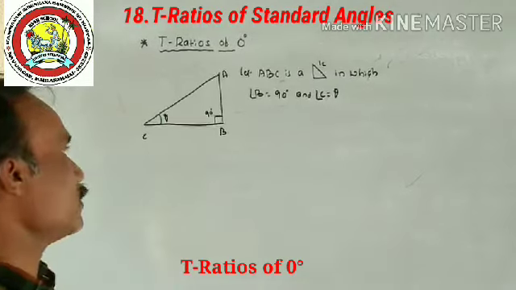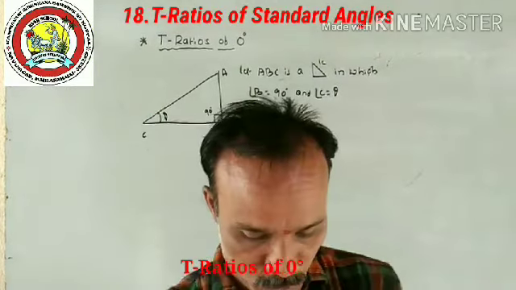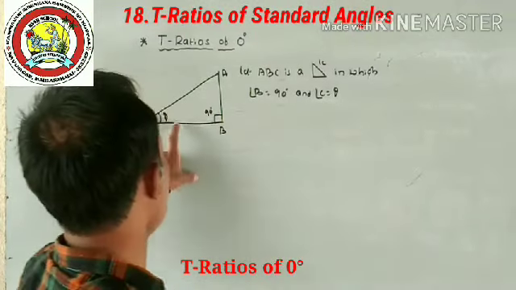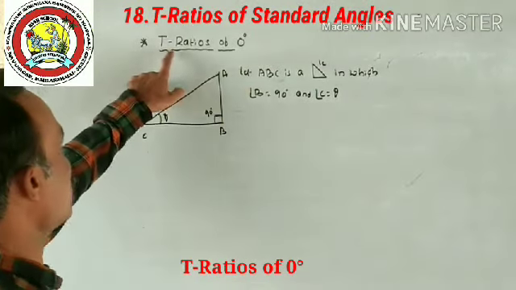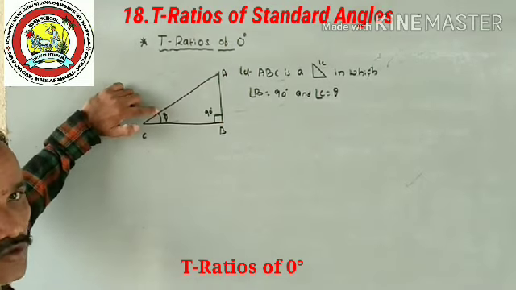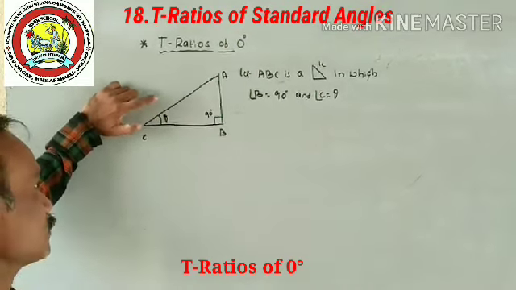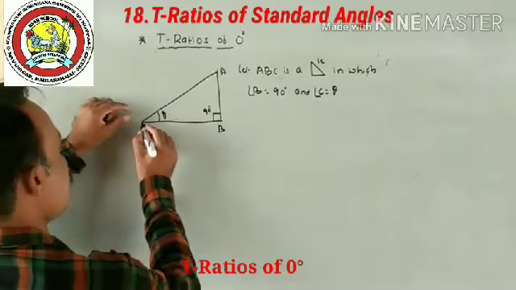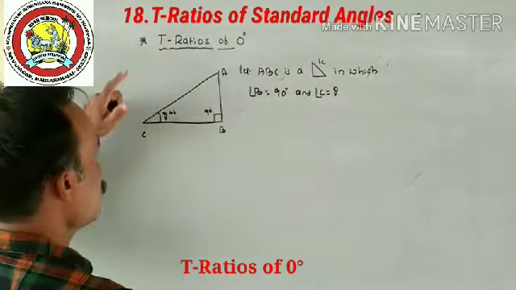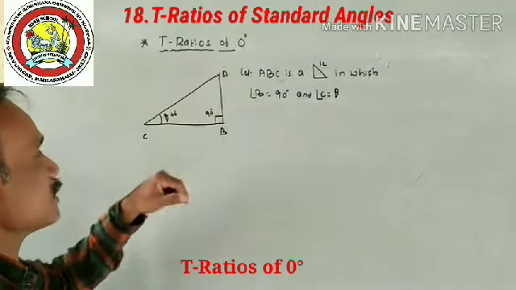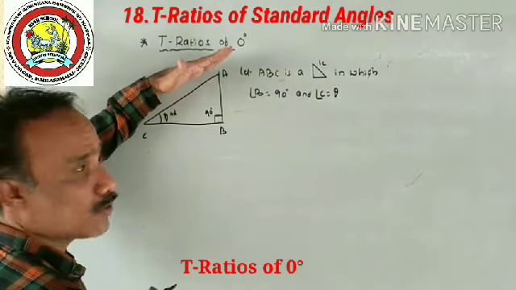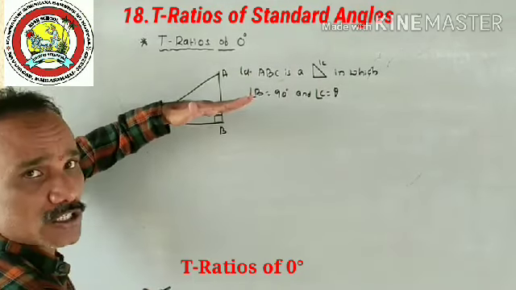Now, very important: the first point is you have to make the value of theta equal to 0. Now we are finding the trigonometric ratios of 0 degrees, so we should convert theta to 0. If theta is, for example, 40 degrees, you have to make theta equal to 0. Automatically this line comes down, smaller and smaller.